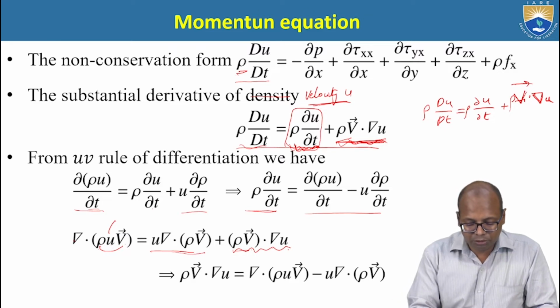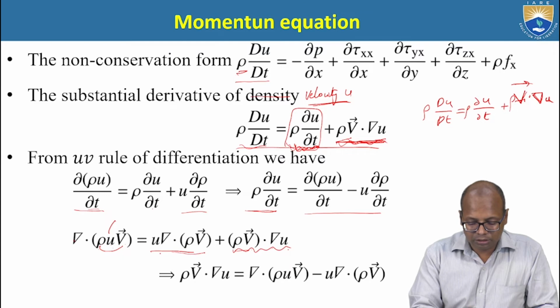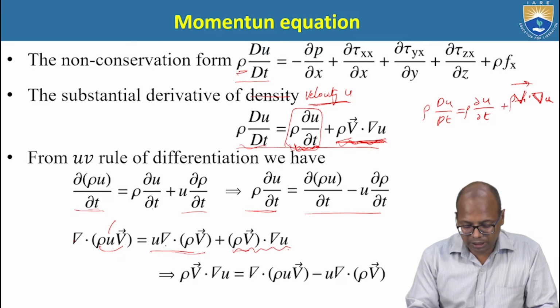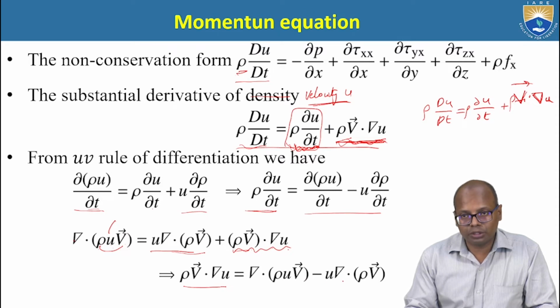So what I have to do is take this term to that side. If I take this term to that side, what I will get is ρV̄ · ∇u equal to ∇ · (ρ u V̄) minus u ∇ · (ρV̄).